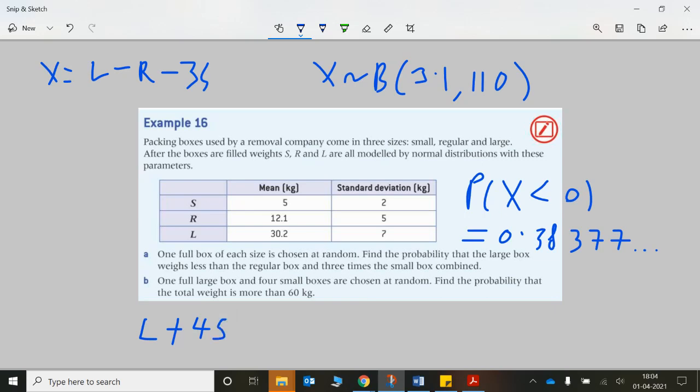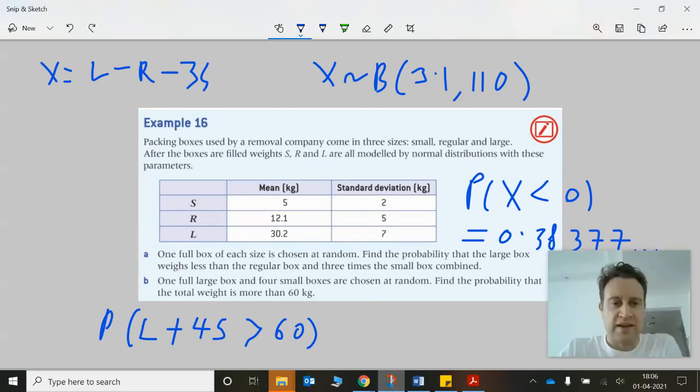So we're going to need to do something similar again to what we did before. So I'm busy making mistakes again. Part B, I was thinking this is nice and easy. Part B says one large box and 4 small boxes are chosen at random.